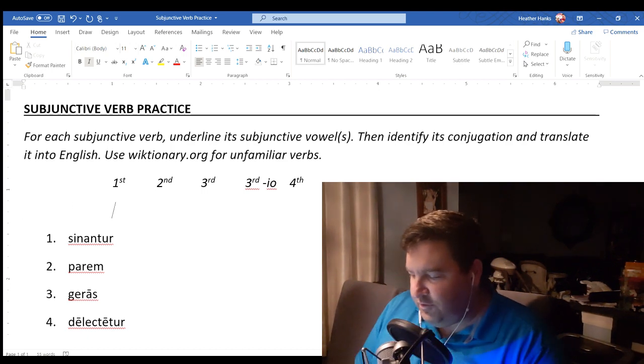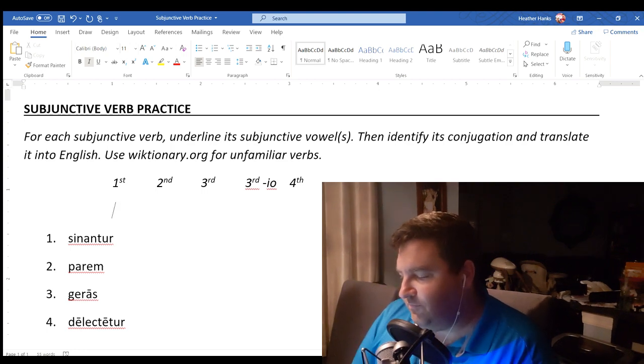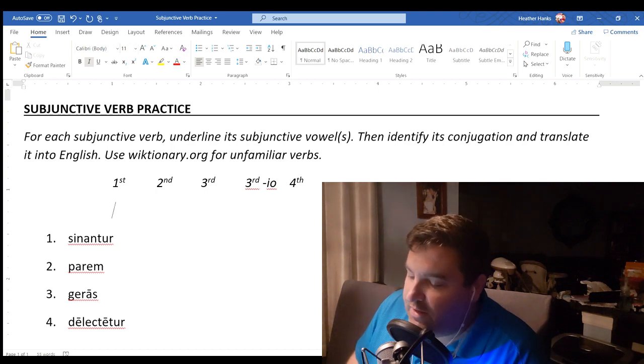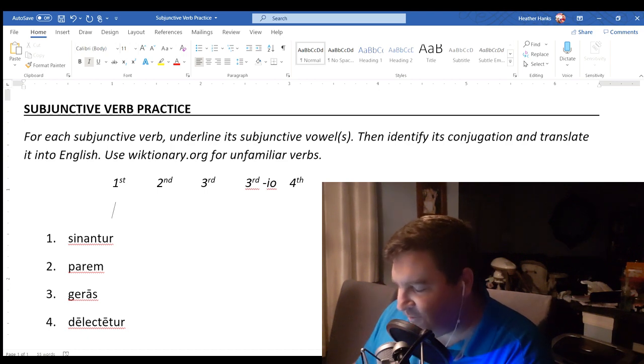Each one of these has its own respective stem letter, stem letters, or vowels. We talk about the BA as the tense sign for the imperfect tense. But with subjunctives, these are the mood sign. That's not a term that you'll see in any grammar book, but that's essentially what it is.